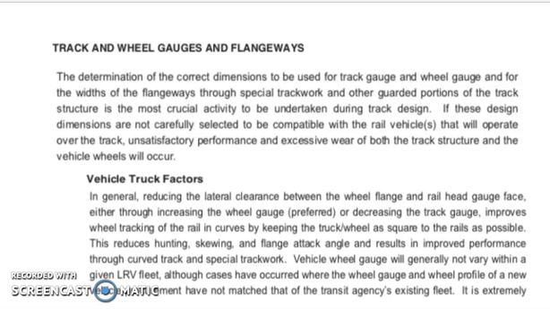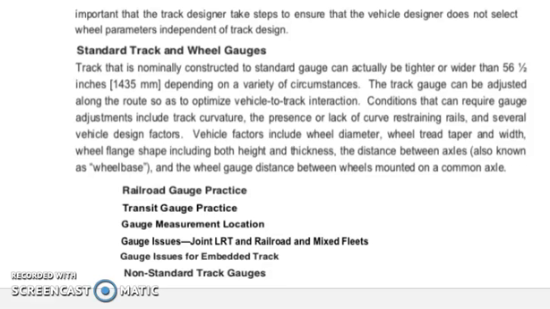So this reduces hunting, skewing, and flange attack angle and results in improved performance through curved track and special trackwork. So the track that is nominally constructed to standard gauge can actually be tighter or wider than 56.5 inches, depending on a variety of circumstances.